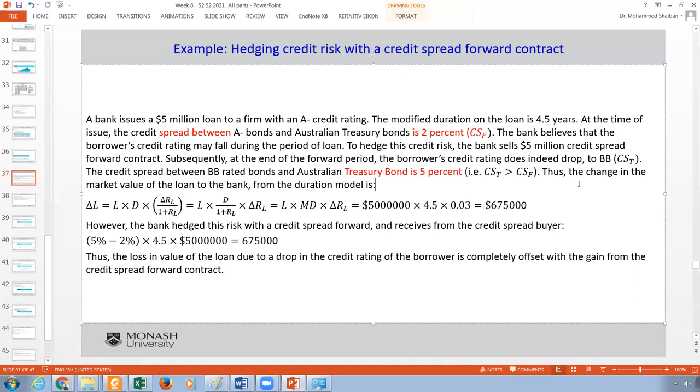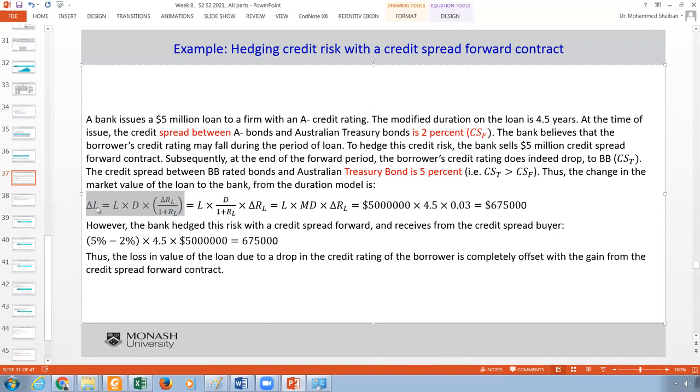So the change in the market value of the loan to the bank from the duration is 675. If you look at this, this is the change on the loan. So this is what we call the duration model.